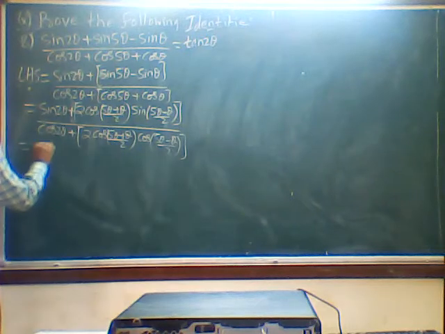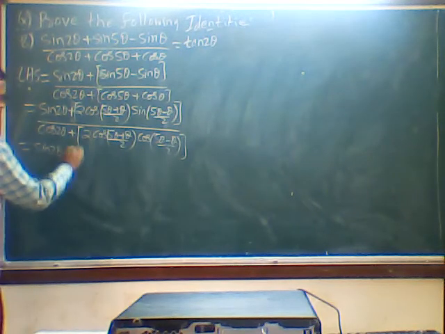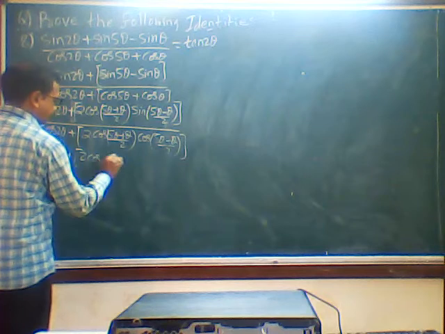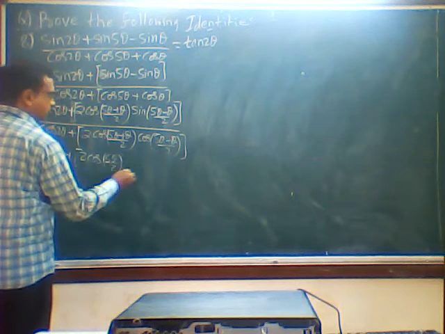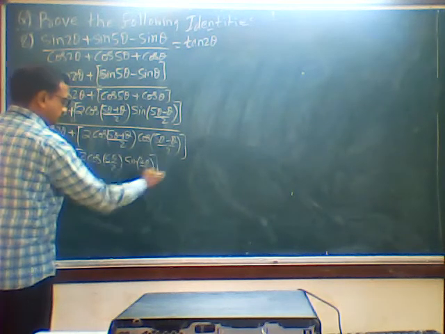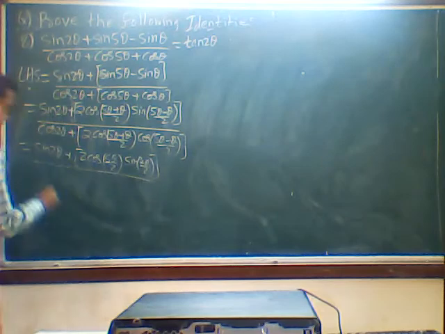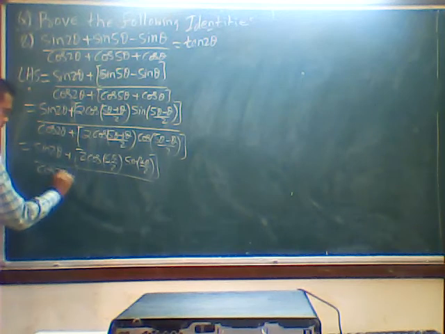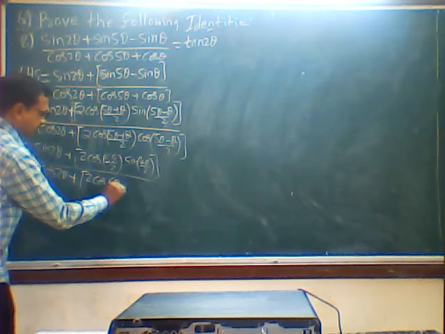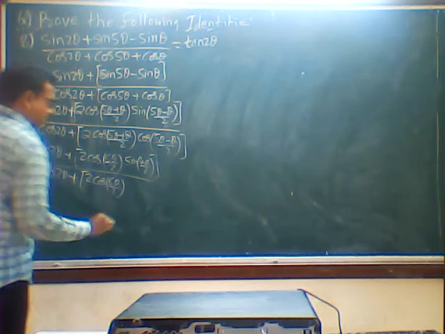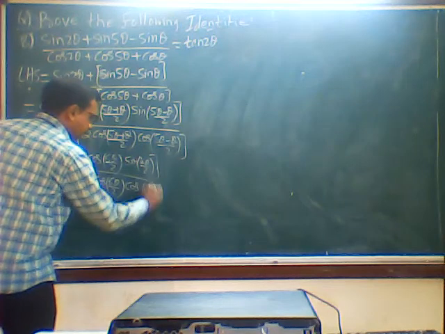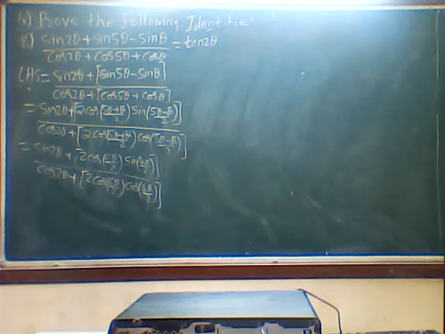So what is our sin 2 theta plus 2 cos 6 theta by 2, sin 4 theta by 2, plus 2 cos 6 theta by 2 into cos 4 theta by 2. This much I got.